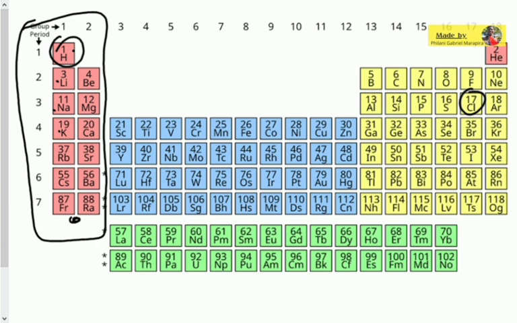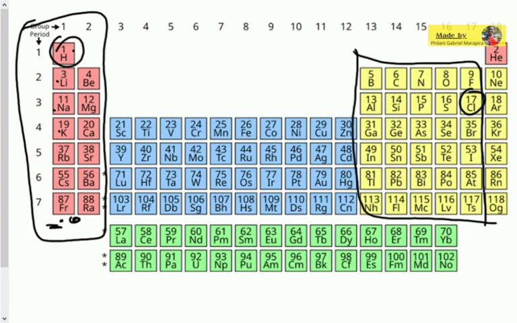This means that for the elements on the left hand side of the periodic table, marked in yellow, every compound will involve these elements, because they can only react with the element here marked in pink.